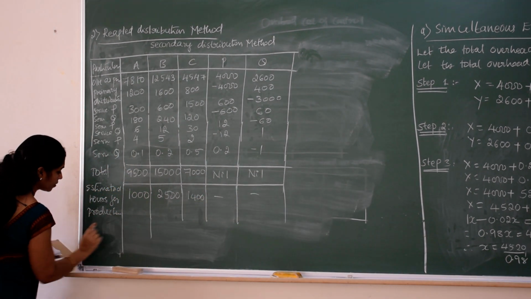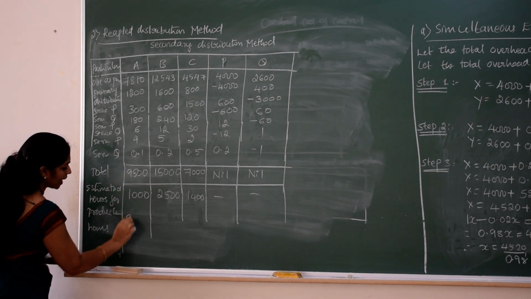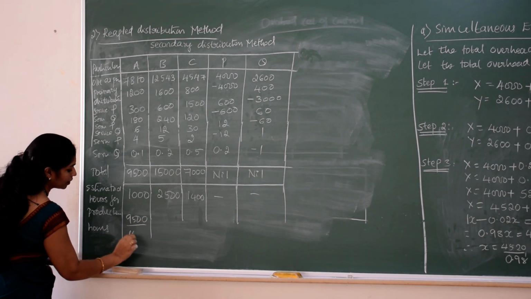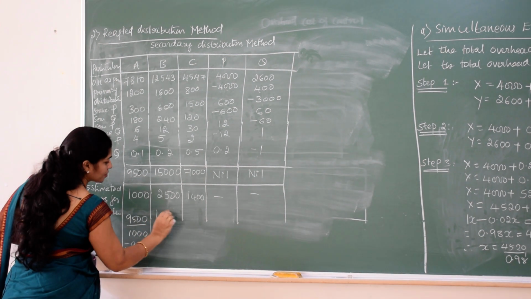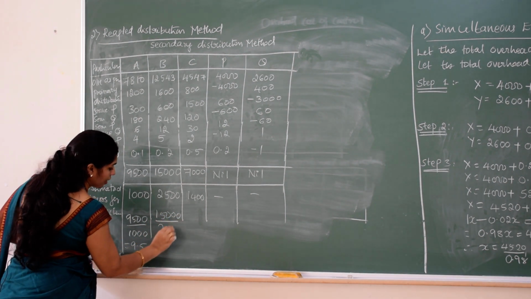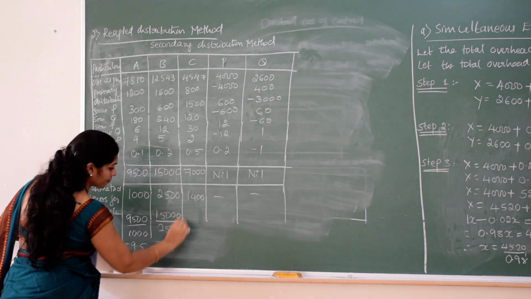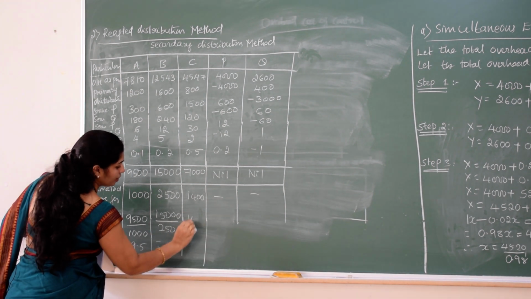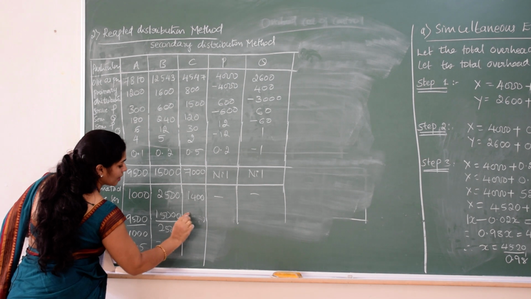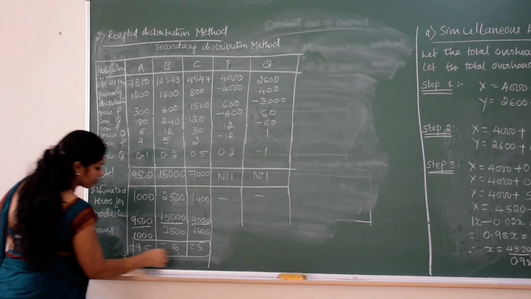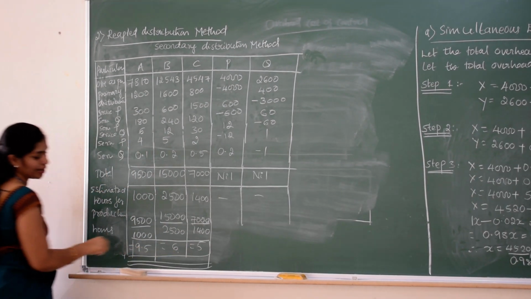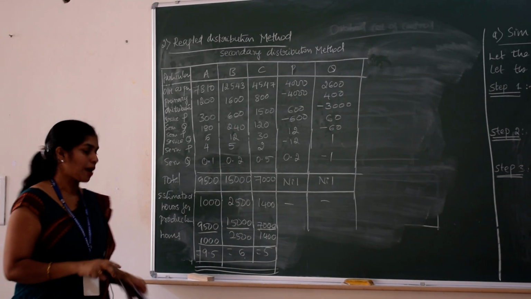Per hour, how to calculate? 9,500 divided by 1,000 comes to 9.5. Then 15,000 divided by 2,500 comes to 6. 7,000 divided by 1,400 comes to 5. So this is the rate per estimated working hour for the production departments.